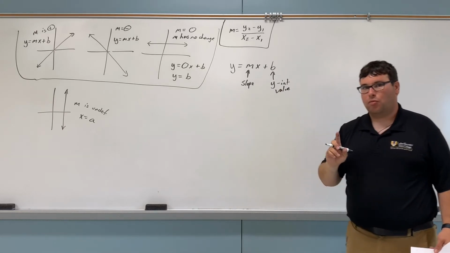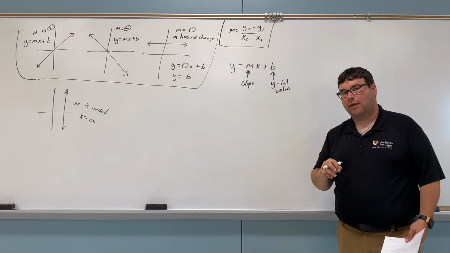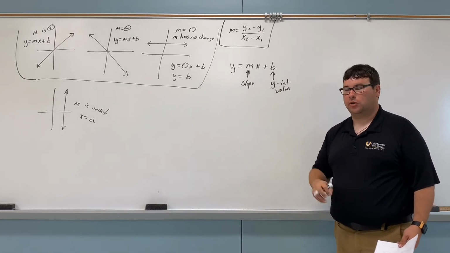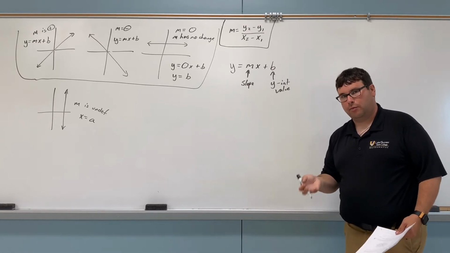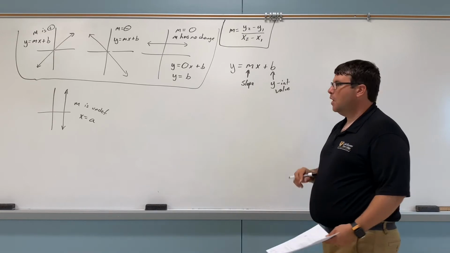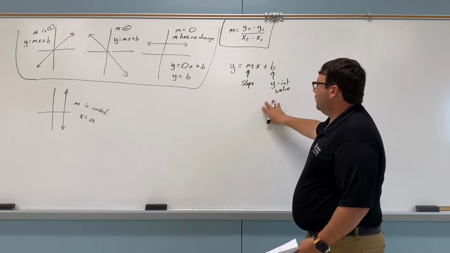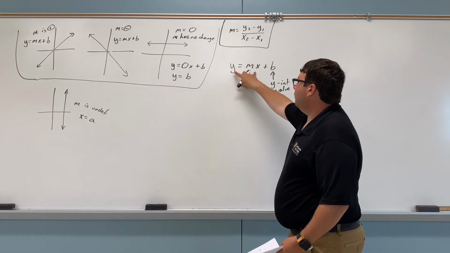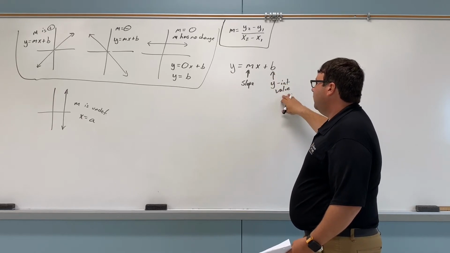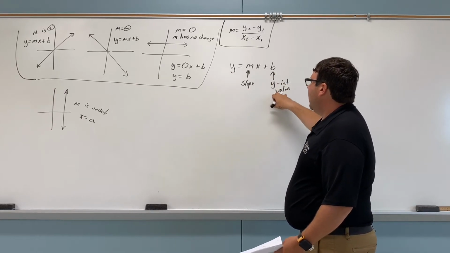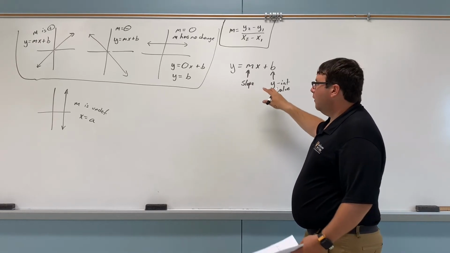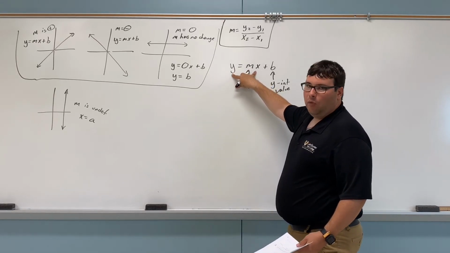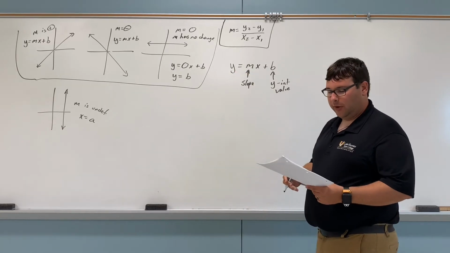I say value because a y-intercept is a point, it is a location. This is simply the value of what the b value would be in that point. So what does this actually have? It has variables, it has slope, and it has the y-intercept value. The slope and the y-intercept value are constant values. That's what those are. The only thing that changes are x or y, because those are variables.